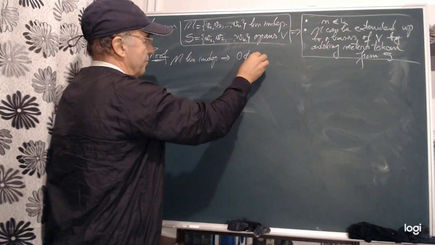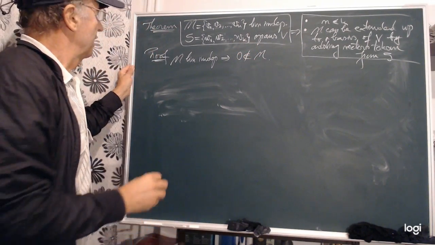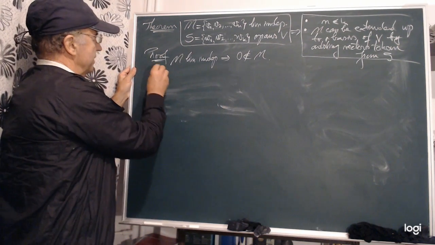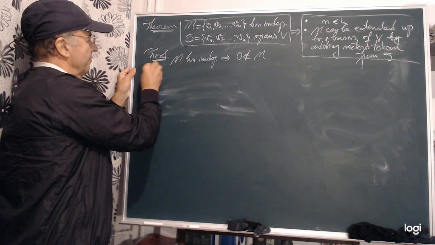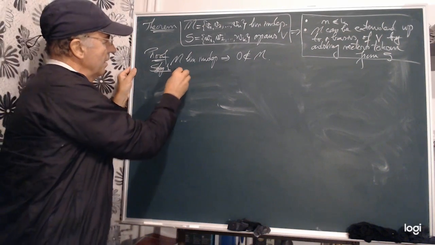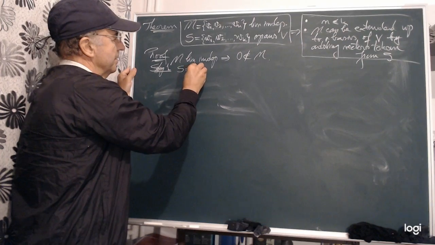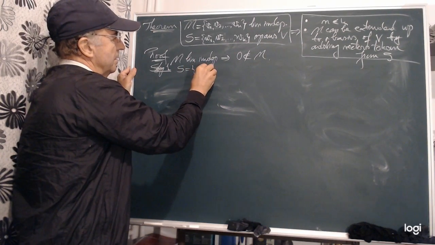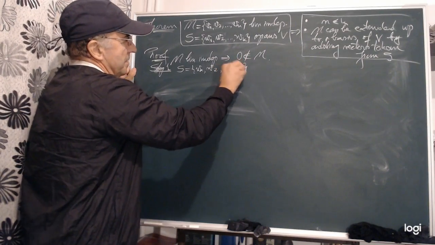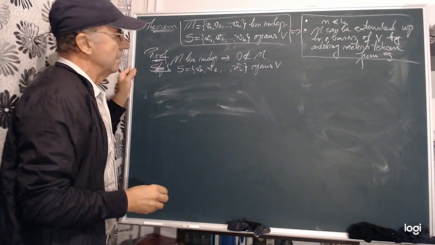The null vector cannot belong to M. Now, the first step, step 1. We have that S, containing the vectors w1, w2, so on wk, spans V.